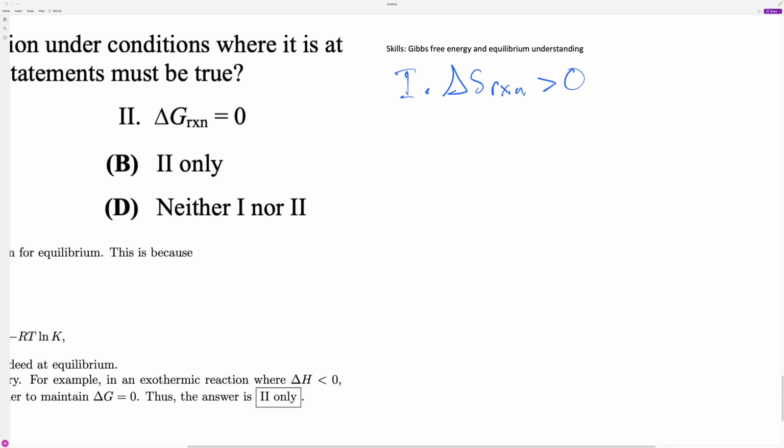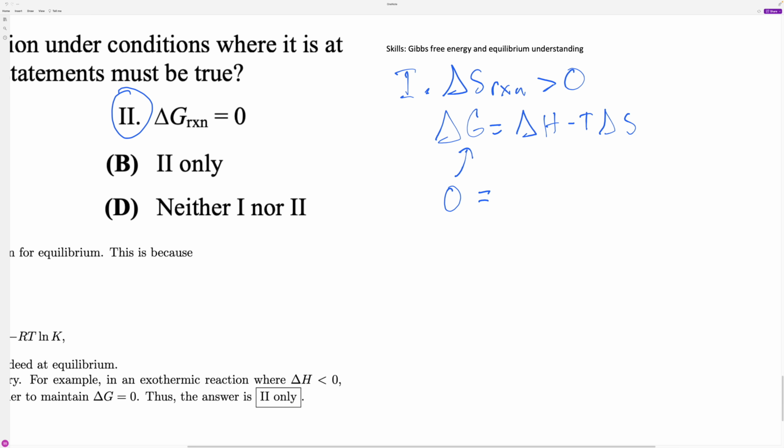To disprove this, I'm going to use some dummy numbers. Let's first use our equation for Gibbs free energy and plug in some numbers to showcase why this is false. At equilibrium, delta G is going to be 0, and I guess that's a spoiler of II.